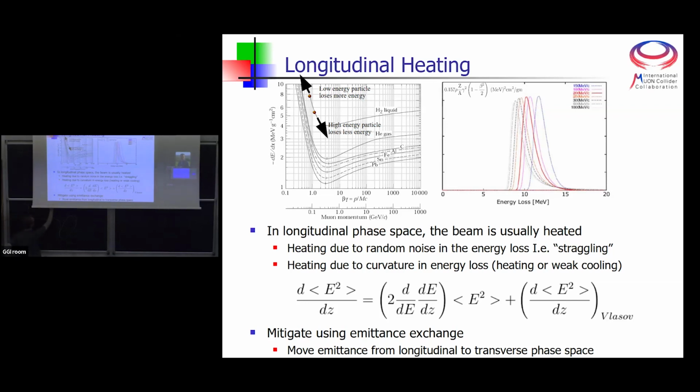Okay. So if you look at the Bethe-Bloch curve, the particle down here is actually the one which loses more energy. So this one's going to end up after the absorber down here somewhere. The higher energy particle is this one.